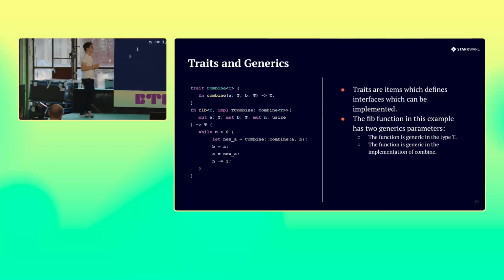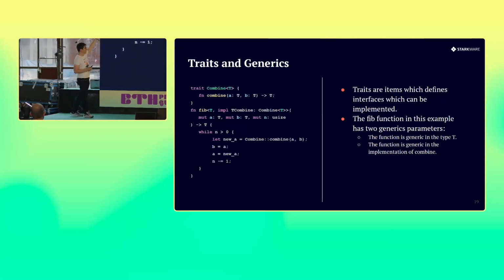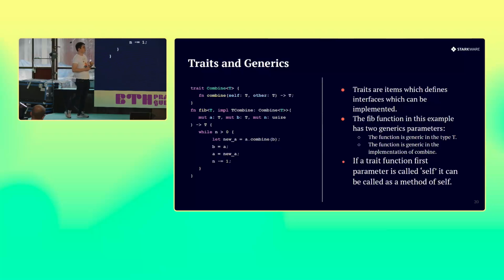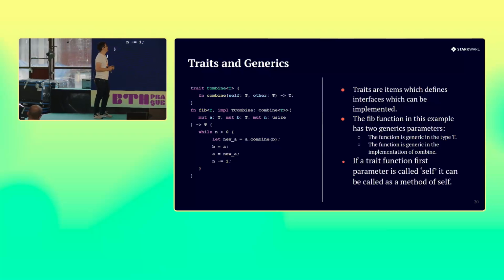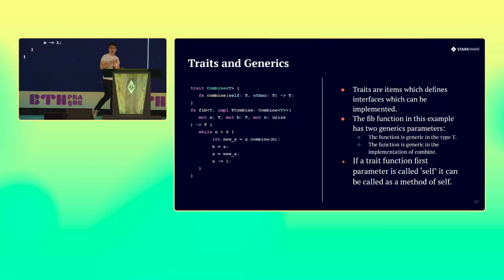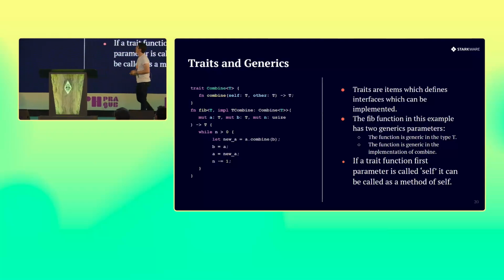You don't have to give this name, but we give an implementation of Combine that the fib function will use. If we want to be even fancier, we can change the trait of Combine to use the self keyword, and then we can just do a.combine(b). And we are getting methods for types.